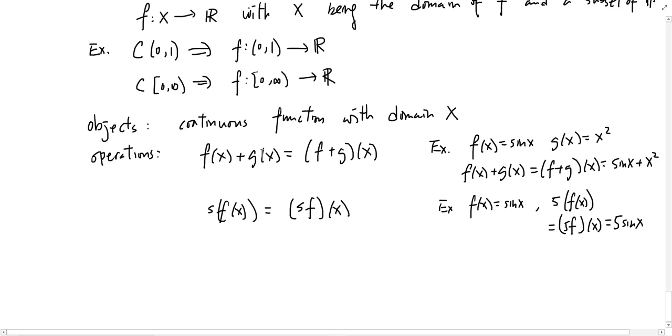On the left side, I will find out what f of 7 is, then find out what g of 7 is, and then add them together. But on the right side, what we're going to do is first combine f and g into a new function, and then we plug in 7 on its own. Now, I guess maybe if I give you this example, it will probably help you see better what it means.